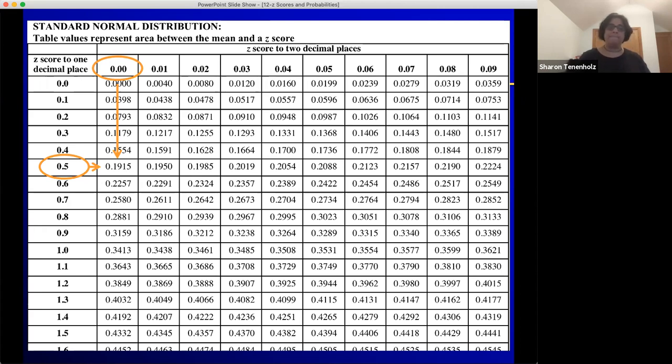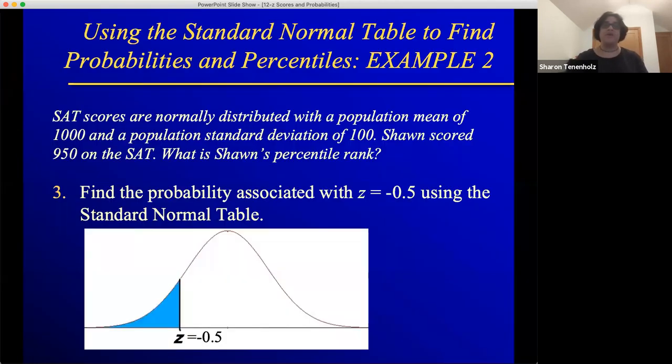Okay, so now let's draw a diagram. In doing calculations using these probabilities, I always encourage you to draw a diagram to help you think through the calculation. So here is our z-score of negative 0.5. It's below the mean. And we're trying to find the percentile rank.